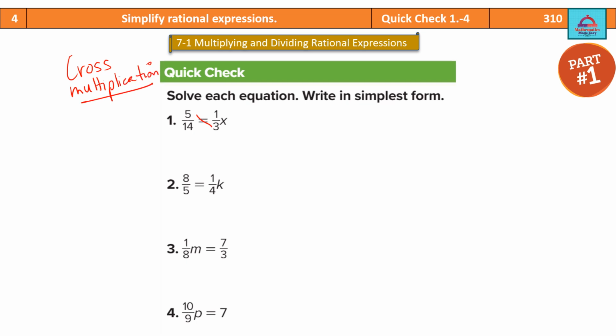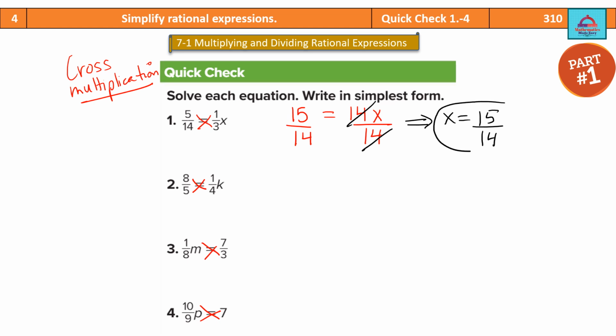So I'm going to just cross multiply the numbers that you see here. 5 multiplied by 3 is going to give you 15. 14 multiplied by 1 is going to give you 14, and x is as it is. So in order to find the value of x, I'm going to isolate it, that is, I'm going to divide both sides by 14. So x is 15 divided by 14.